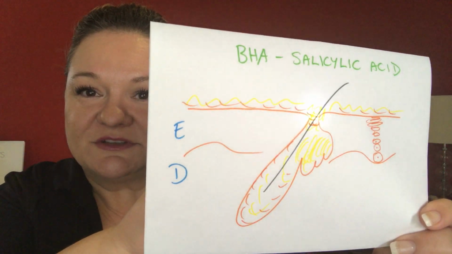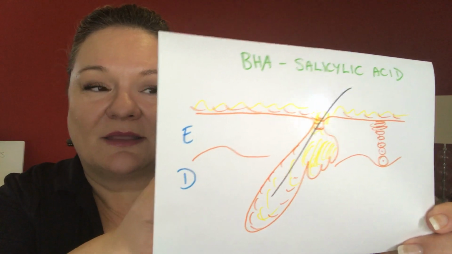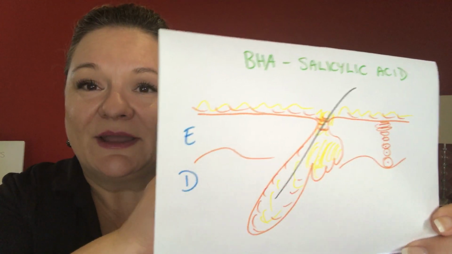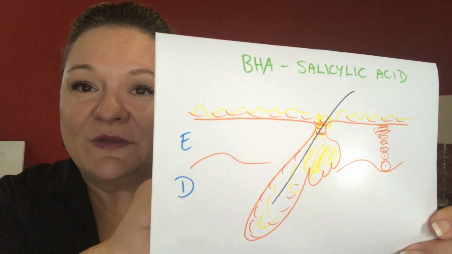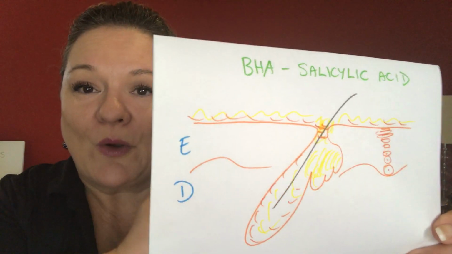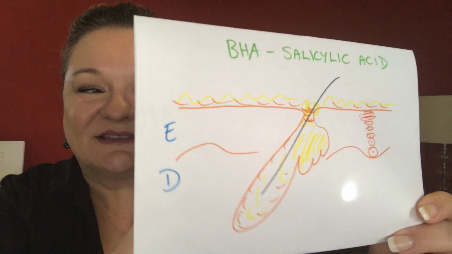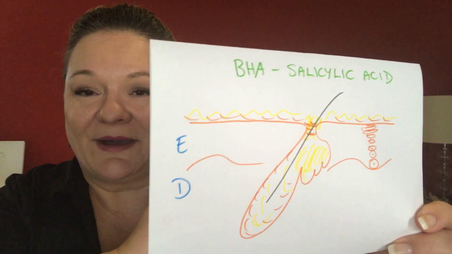However, the dead cells and the oil can mix together to form a plug at the mouth of the follicle, which is what we call clogging. Initially, it starts with just a little filament, and then the clogging can grow as the follicle grows, as the dead cells and the oil are further deposited into that pore here.